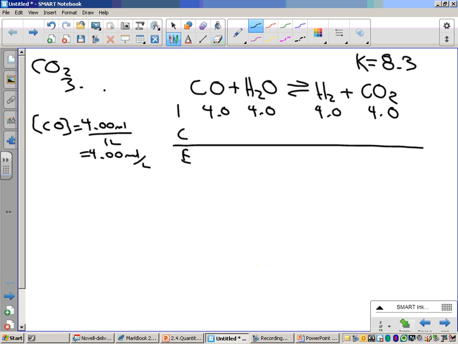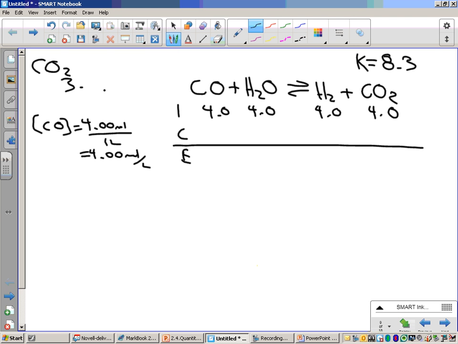So the Q is right now equal to 1. Which way is this thing going to shift if the Q is equal to 1 and the K is equal to 8.3? It's going to shift right, just a little bit. It's not going to move very much.